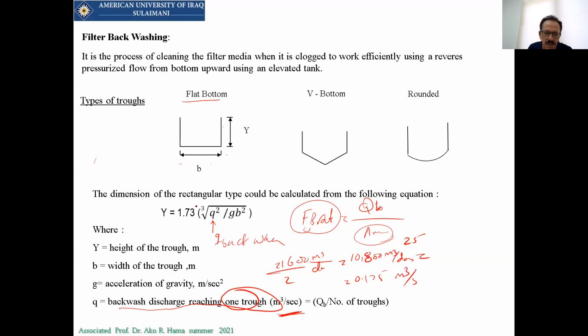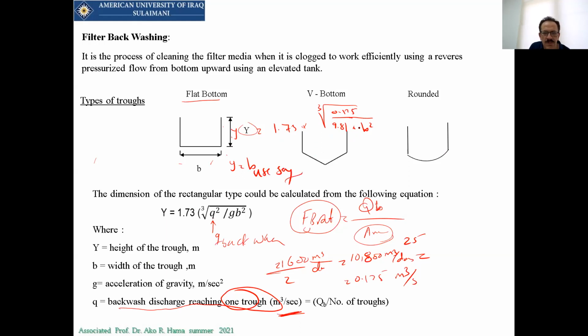Why do I need to know that? Because I want to see how much is the y. The y is equal to 1.73 times the third root of 0.125 divided by g, which is 9.81, divided by b squared. Now you have one equation with y and b. Usually we will assume y equal to b, or use a square one.